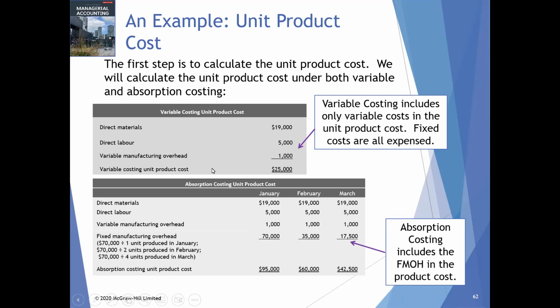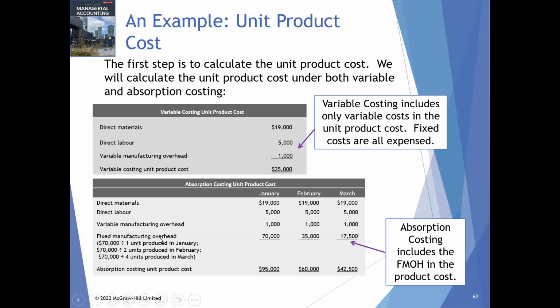So this we have calculated. On the other side, we are going to calculate the unit product cost under absorption costing. Direct material, we know this is 19,000 for all the months. 5,000 we know per month. 1,000 per month is the variable overhead, right? So here we are going to add the fixed manufacturing overhead.